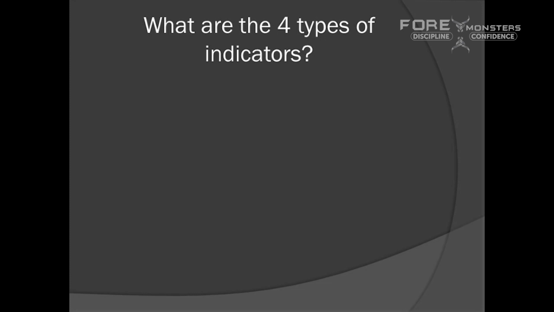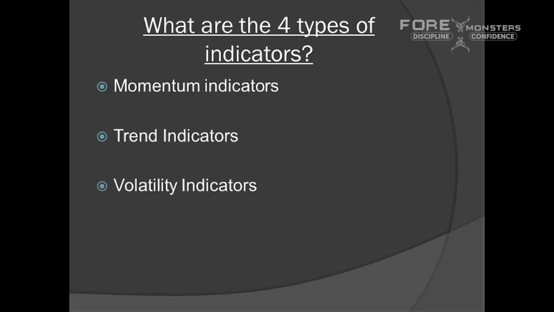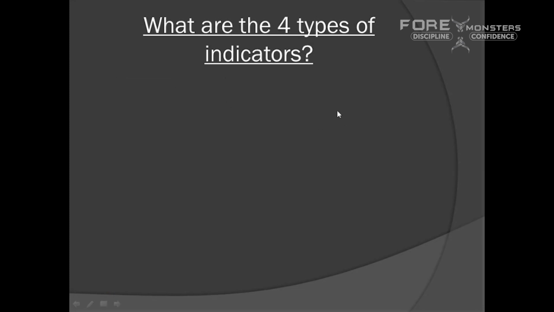The other thing we need to know is that there are various types of indicators in the market. First, we have the momentum indicators, the trend indicators, and the volatility indicators. The other thing we need to take note of is that we have four types of indicators.